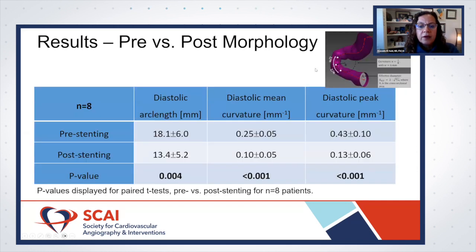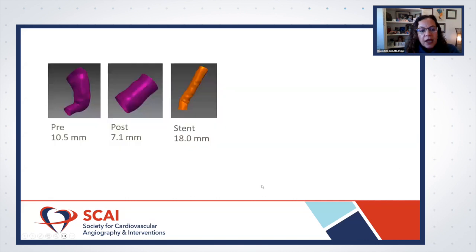With their geometric measures, they showed that the arc measurement, which is basically this central line, was 18 pre-stenting and 13 post-stenting, and the p-value is significant, documenting that there's significant shortening. Then for the curvature, you have the mean curvature and the peak curvature, also showing that the curvature is smaller, so basically it's straightened.